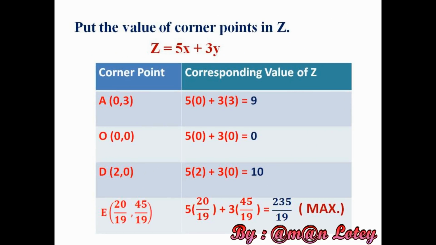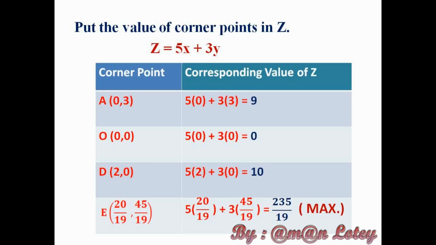Now, put the values of the different corner points one by one in the linear objective function, z equals 5x plus 3y. By putting the different values one by one, we get the corresponding values of z, which are 9, 0, 10 and 235 by 19. Here the maximum value is 235 by 19, which is the result of the given question.